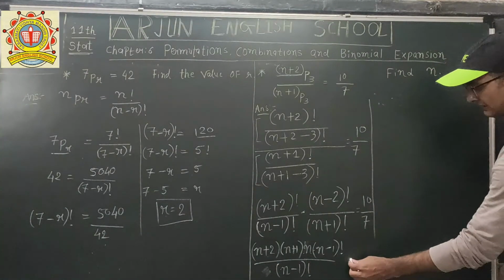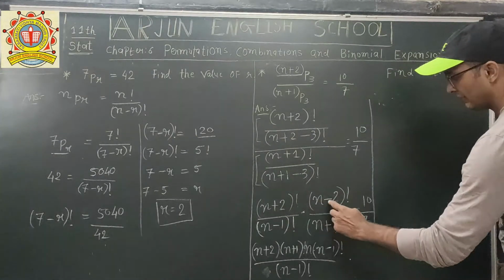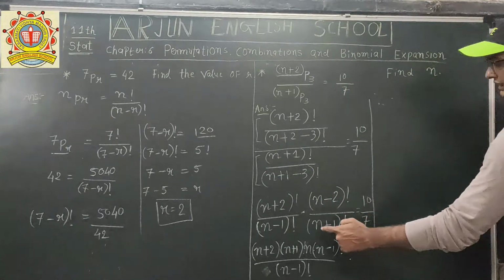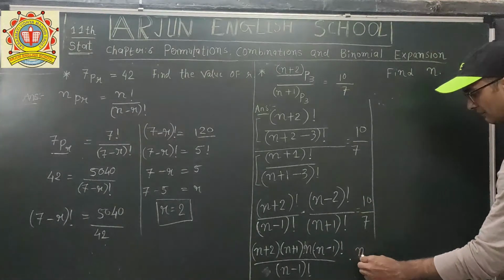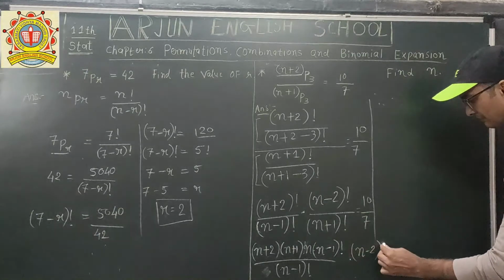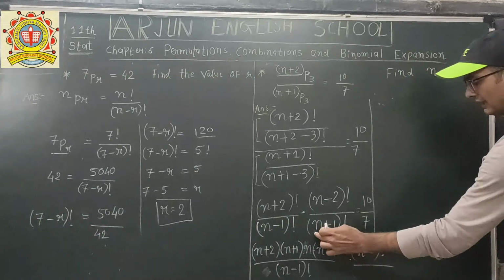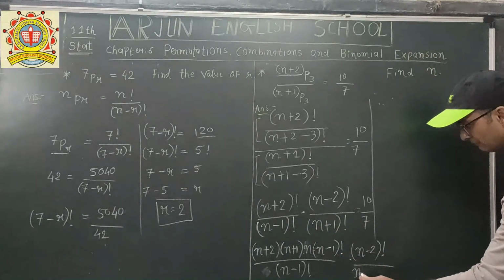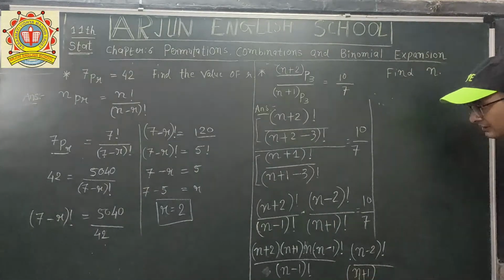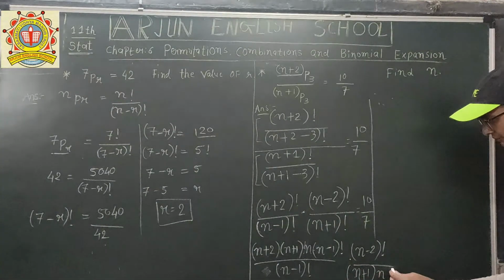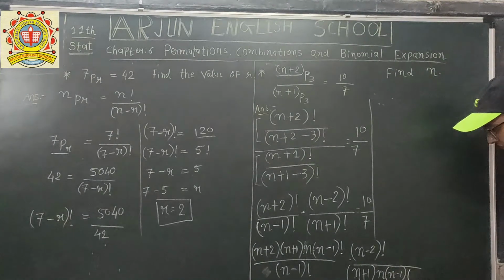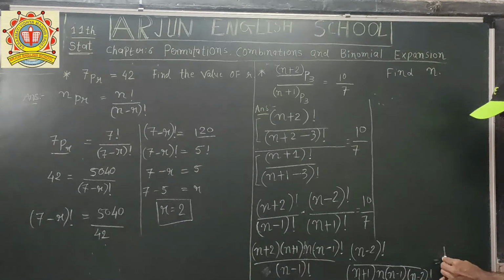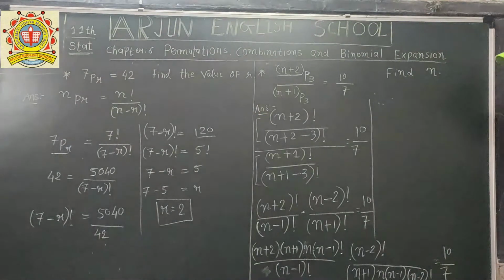Now, the second one, the same way. Here it is n minus 2 and here it is (n plus 1) factorial. So n minus 2 as it is, and reducing this, n plus 1, then after n minus 1, (n minus 2) factorial is equal to 10 by 7.